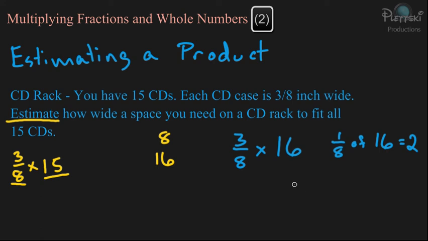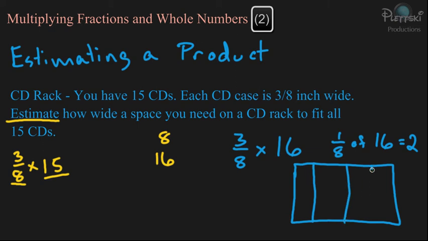And to see that in a visual sense, let's say we have 16 of something. Let's say we take this and divide it into 16 pieces. So there's 1, 2, 3, 4, 5, 6, 7, 8.